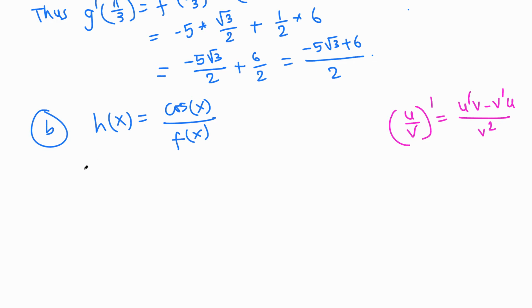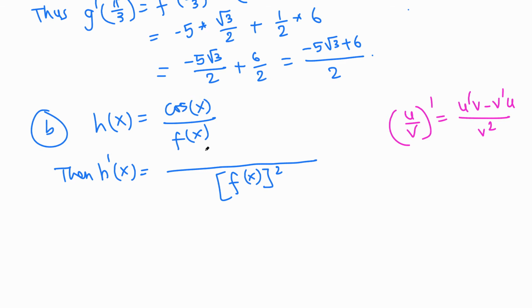Then its derivative has the bottom squared. On the top, the derivative of the top, derivative of cosine, is negative sine, times the bottom, minus the derivative of the bottom, f prime, times the top, cosine x.